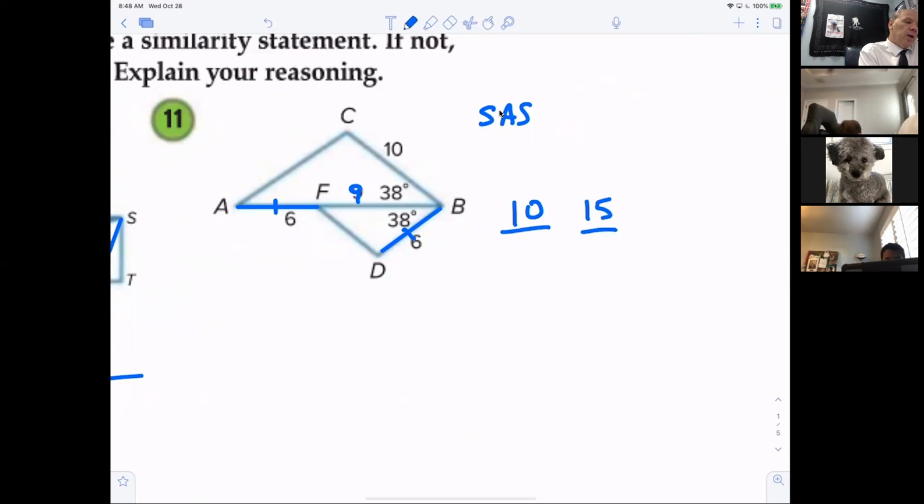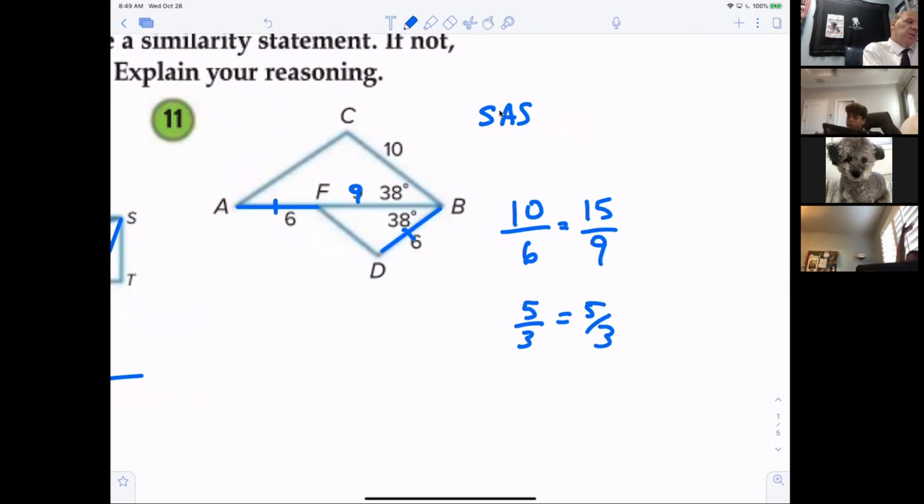So I have the big triangle, I have 10 and 15. On the small triangle, I have what? Where does the 6 go? On the left, and then 9 goes over here. Does that work? Because 10 over 6 is? Yes.